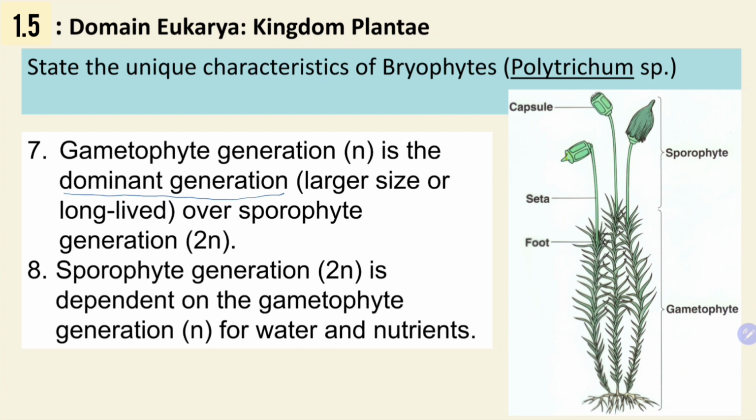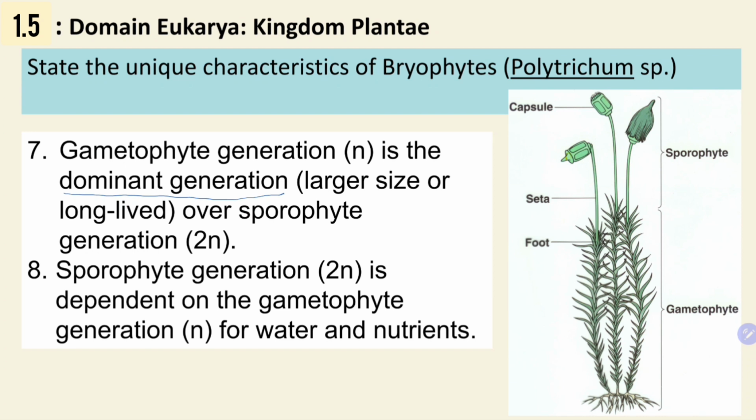So ni kita compare siapa punya size lebih besar, siapa punya lifespan lagi panjang. So in Bryophytes, gametophyte iaitu the haploid generation is the dominant generation over the sporophyte generation. Maksudnya gametophyte itu saiz lebih besar dan lifespan lebih panjang compared to the sporophyte.